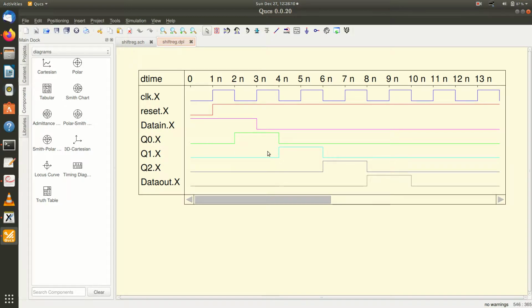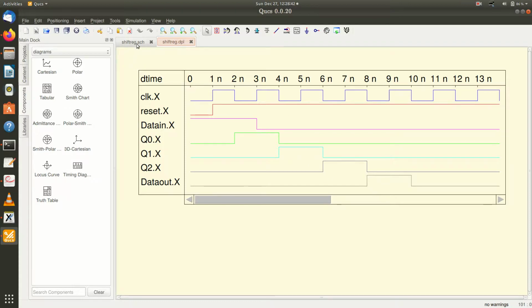This Q0 will appear at Q1 at the next clock, at 4 nanoseconds. This is the D input of Q1, the second flip-flop. Then it gets to Q2 at 6 nanoseconds, and ultimately reaches the data output at 8 nanoseconds. You can see that the data shifts through this register from left to right.